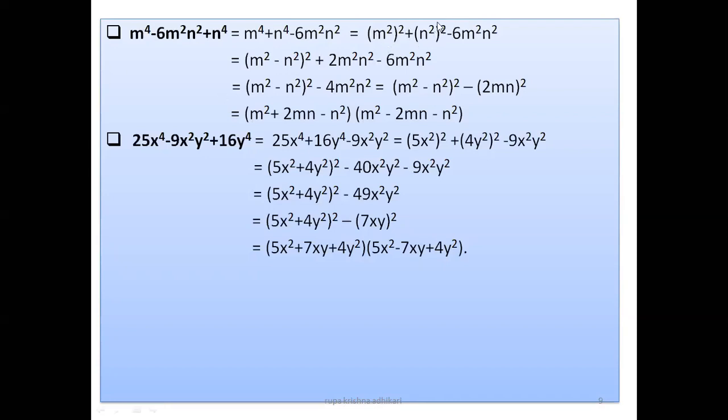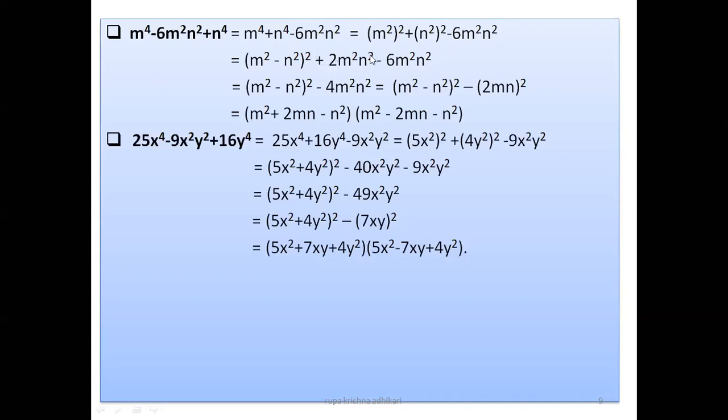Here what I am doing is, you have the third term minus 6m square n square. So here if you use (a plus b) whole square, then what will be your expression like? (m square plus n square) whole square minus 2m square n square.